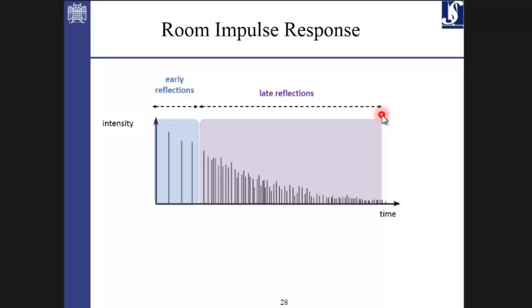It's interesting to know that the early reflection part of the impulse response actually helps to understand the speech better. It's much better to have early reflections than a dry source, just having a direct signal. But late reflection corrupts the signal and deteriorates the way we can understand it.